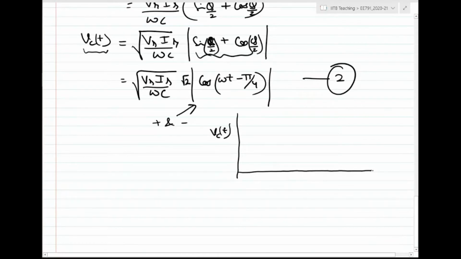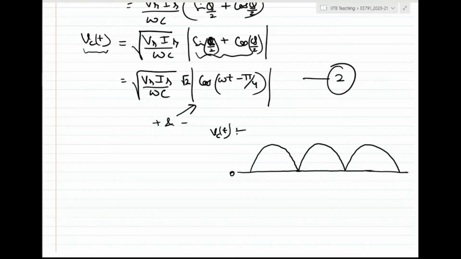Assuming that it is 0 somewhere, it would look like this, a rectified cosine wave touching 0. This is how this Vc wave would look, which will give us the best utilization of the capacitor.